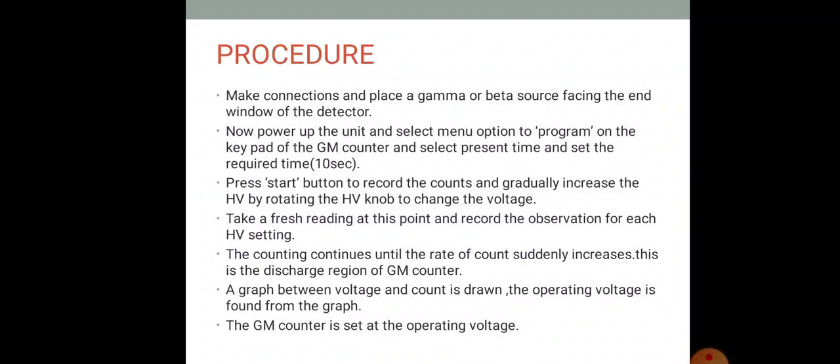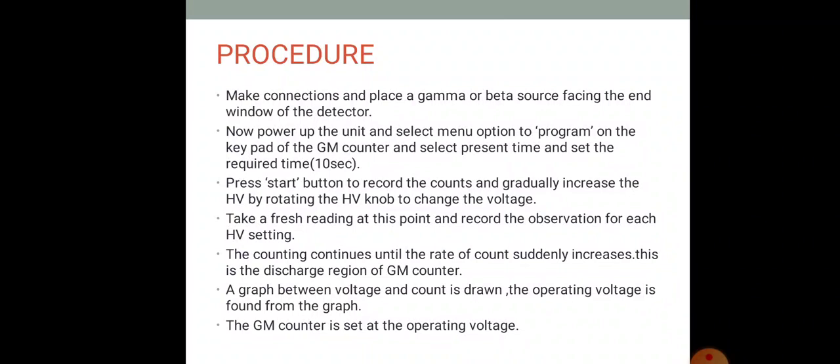Gradually increase the HV by rotating the HV knob to change the voltage. The counting continues until the rate of count suddenly increases. This is the discharge region of the GM counter.